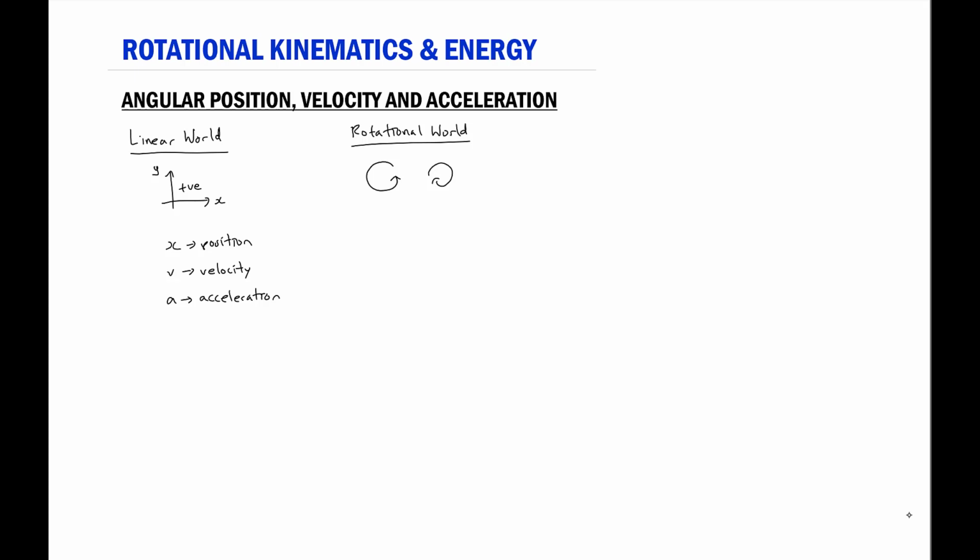We want to use theta for angular position, omega for angular velocity, and alpha for angular acceleration. So let's start by drawing a circle and defining these various angular quantities.